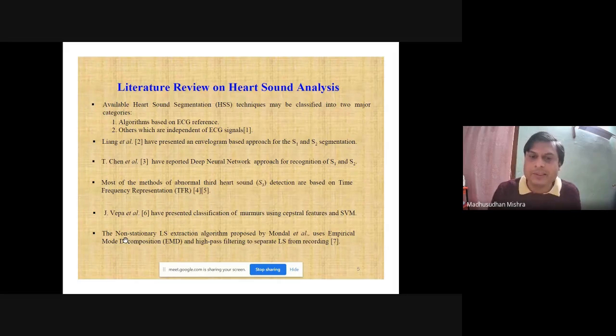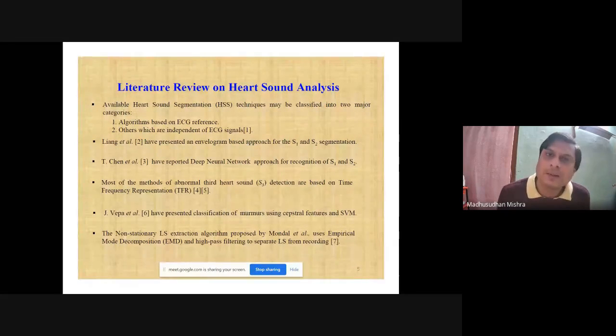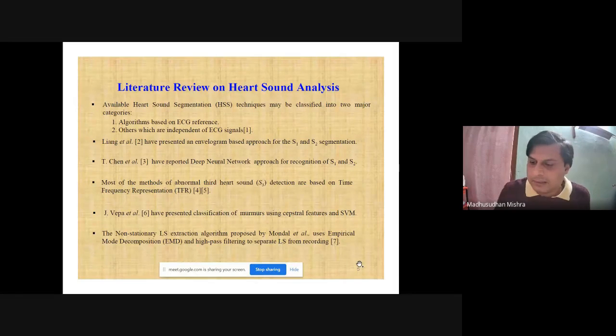As we know that heart and lung sounds are non-stationary in nature, they have used non-stationary decomposition methods like empirical mode decomposition, which decomposes a complex non-linear signal into different frequency components or sub-components, such that when we combine all these, it becomes closer to the original complex signal. But still, there will be some error in terms of residual, or some components will be lost, because it's a decomposition technique.